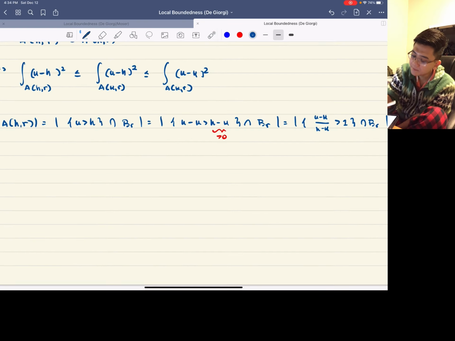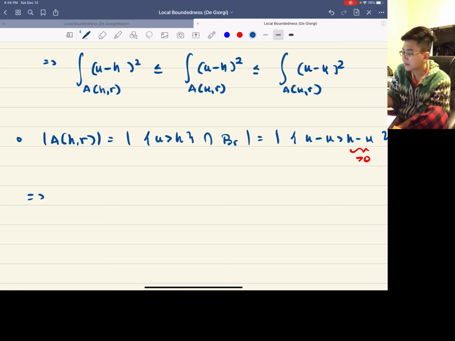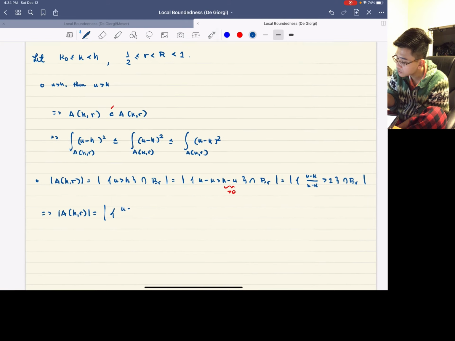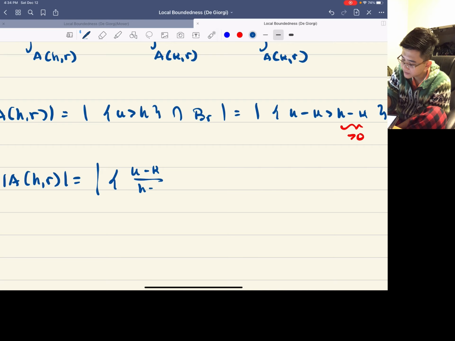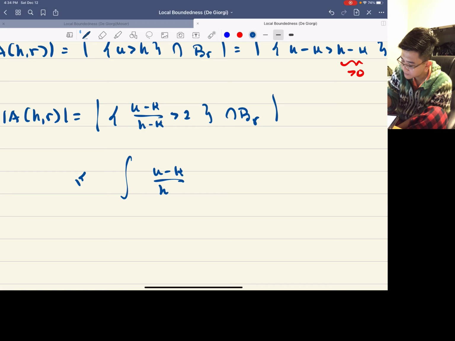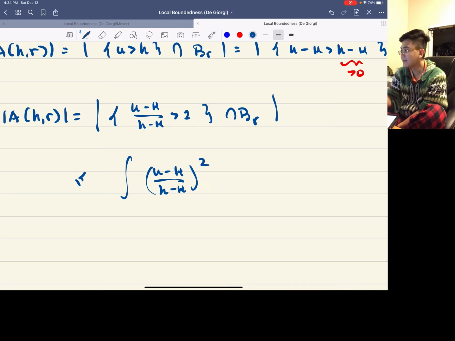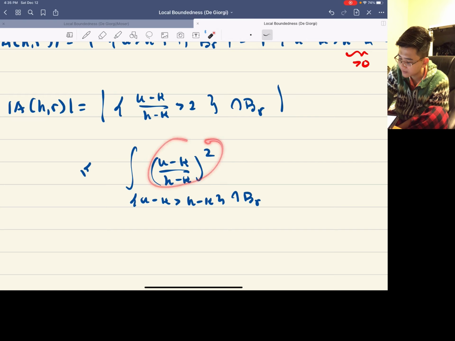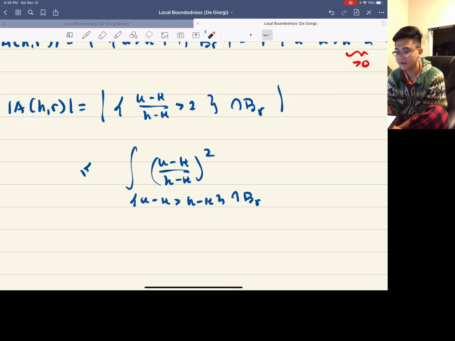Okay, so that implies then that the measure of A(h,r) is less than or equal to the integral of ((u minus k) over (h minus k)) squared in this set, because this is bigger than 1. Okay?